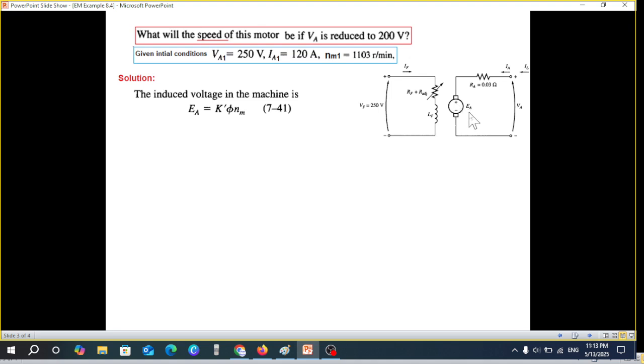The motor generates a kind of EMF which opposes the input voltage. So this EMF is dependent on a constant K, which depends on the motor design, the flux phi, flux is produced by the field, and then multiplied by the speed of the motor.